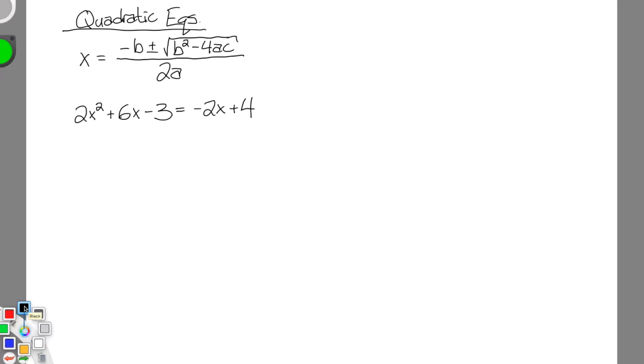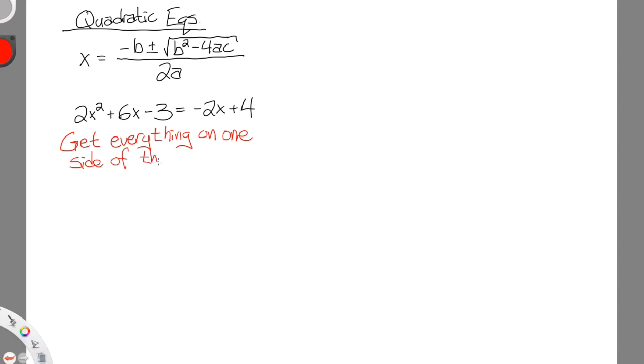So the first thing we're going to want to do in any quadratic equation is get everything on the same side of the equation. It's just some simple algebra that should be well within all of your reach right now.